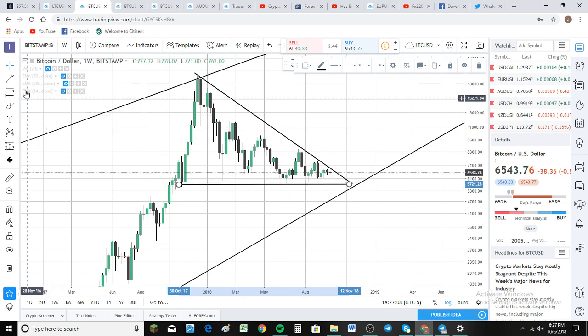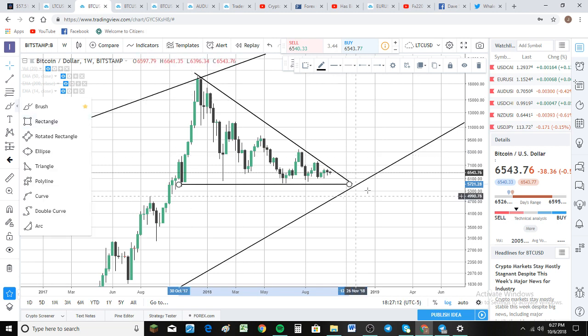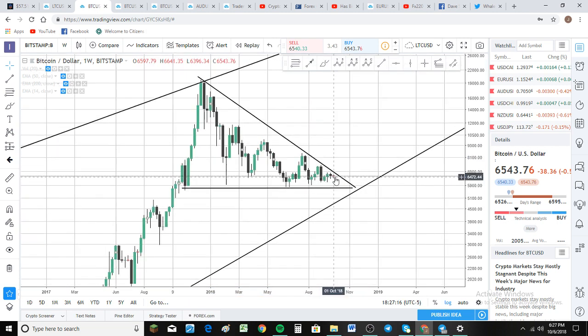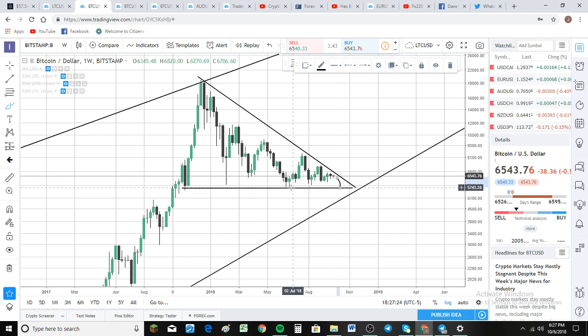What I'm expecting things to do is, you can see we've already started to make this downward turn here. So I'm expecting, if I get my brush tool, there we go, that price is going to come on down to this trend line. It's going to capitulate finally to this point, either touch that line and continue bouncing sideways like so, and then rise up like that, which would create our arc.